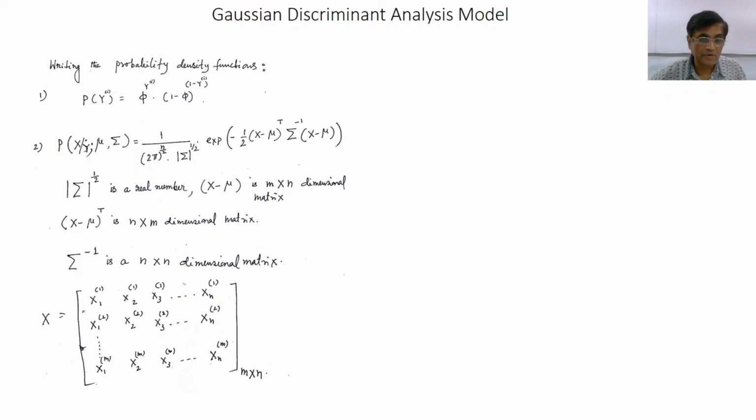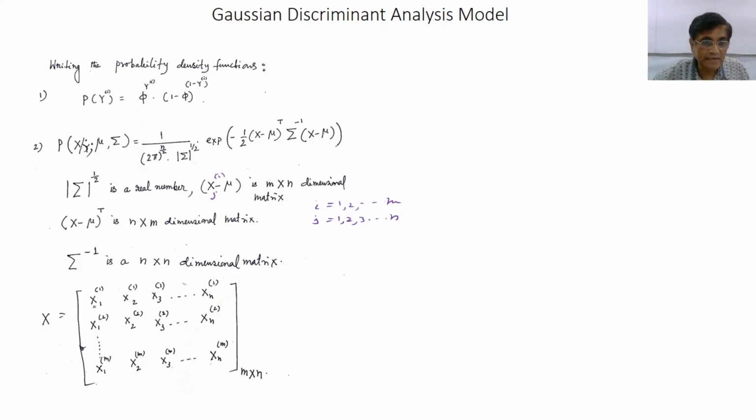I have m number of samples. Let us call i the sample index and j the feature index, and we have n number of features. So i equals 1, 2, 3 up to m, and j equals 1, 2, 3 up to n. This is the number of samples and the number of features.